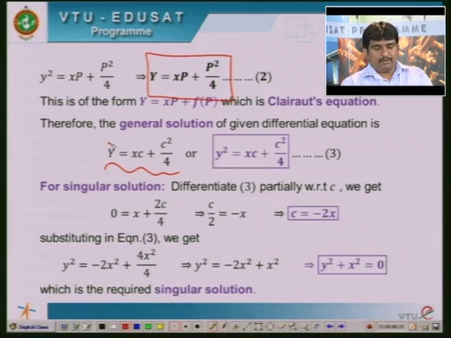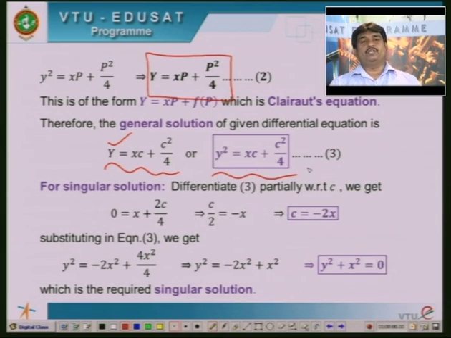Now capital Y, the new variable, convert it into the old variable using the substitution y square equals capital Y. So the general solution of the given differential equation is y square equals x into c plus c square divided by 4. Now for the singular solution, you have to differentiate this equation with respect to c, treating y and x as constant.